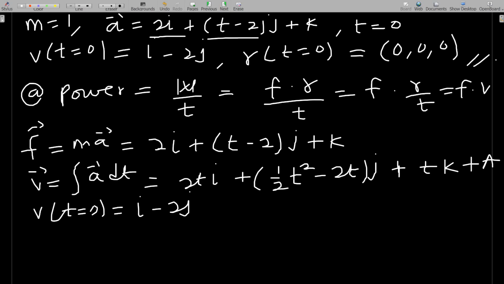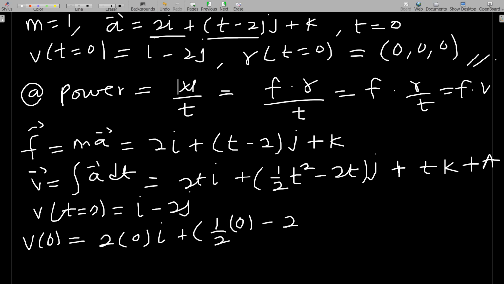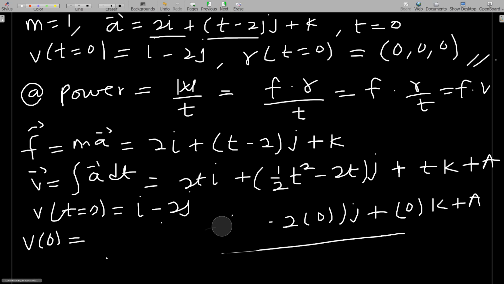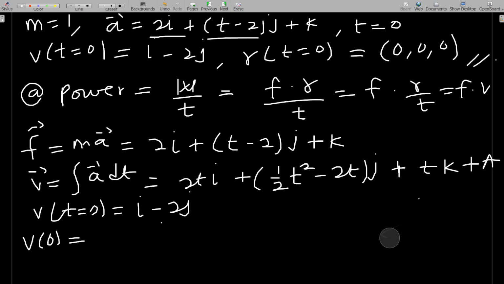This implies that v of 0, at time t equals 0, should be equal to 2 times 0 i plus half times 0 squared, which is 0, minus 2 times 0, j, plus 0k, plus A. Realize that everything here is 0 because all of them are multiplied by t, so I have everything to be 0 plus A, and this should be equal to i minus 2j from the question.